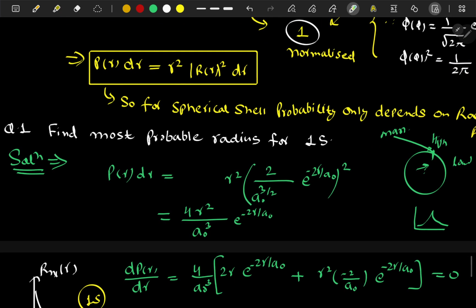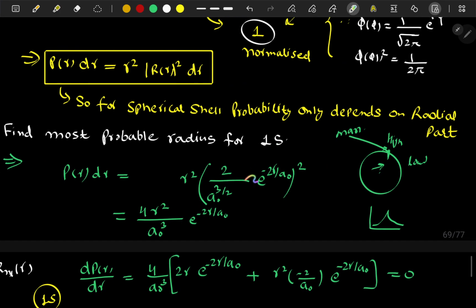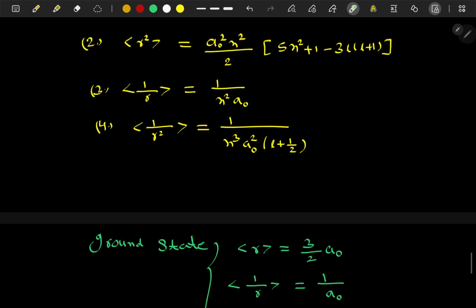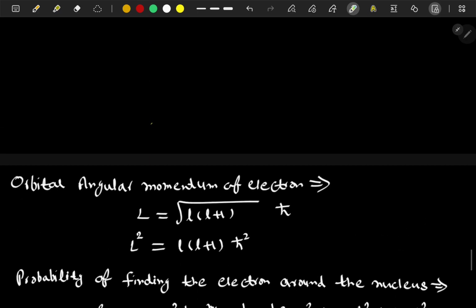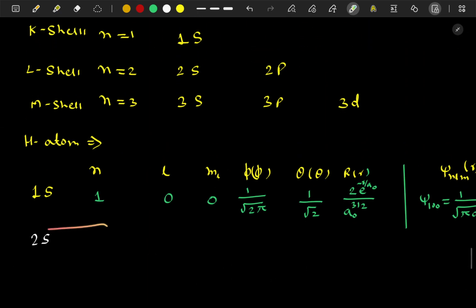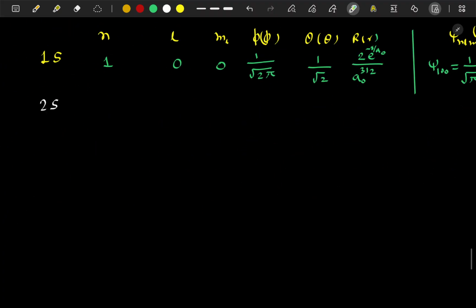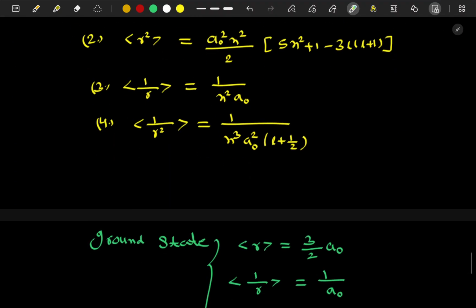Now find the most probable radius for 1s. So for 1s, what is the wave function? We just discussed it for 1s: 1 upon root π, (1 upon a naught) to the power 3 by 2, e raised to minus r upon a naught.